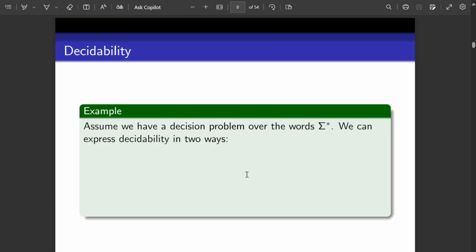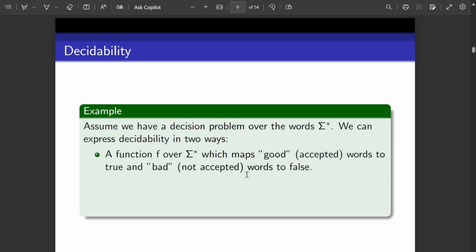So for example, assume we have a decision problem over the words sigma star. We can express decidability in two different ways. Either through a function which maps good accepted words to true and bad unaccepted words to false, or as a subset of sigma star containing only accepted words.